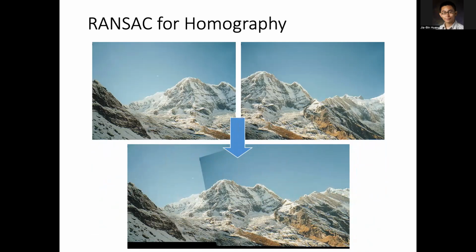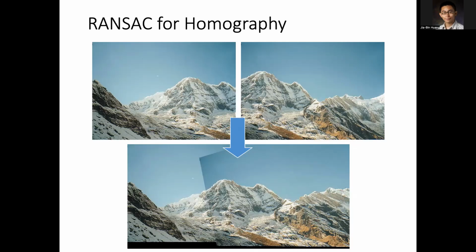Yes. How do you go from having the long matching? So you run RANSAC because the key idea is that you know the correct matches can be explained by the homography.